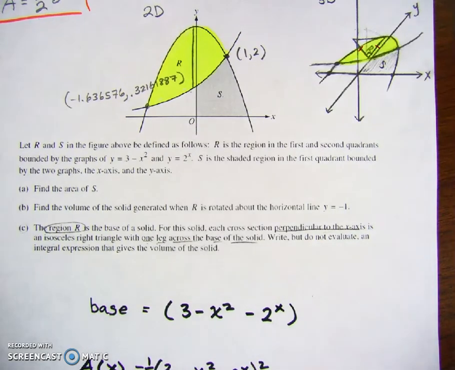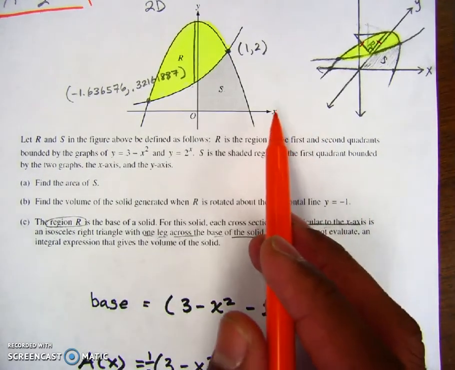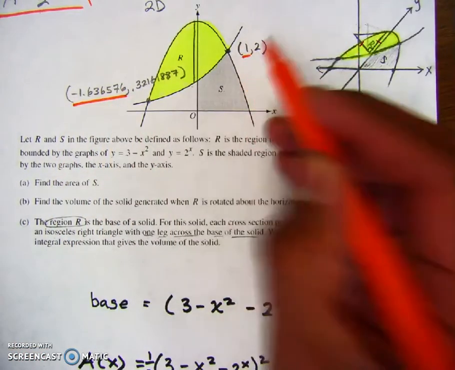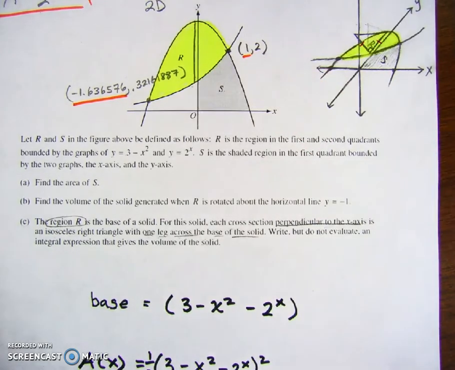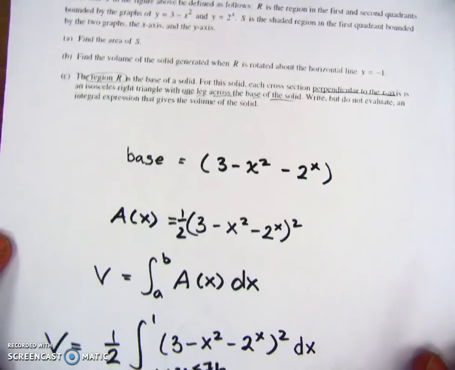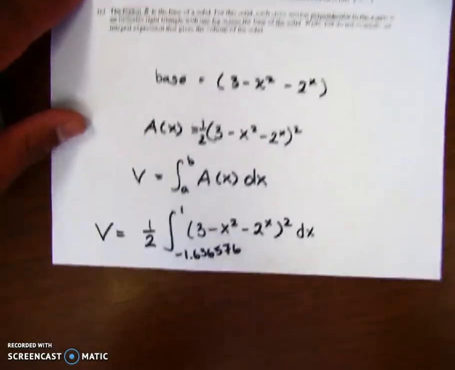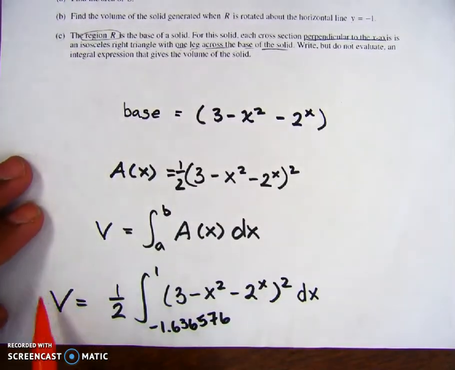Since we are integrating with respect to x, we are looking at the x values for our limits, so that negative 1.636576 and that positive 1. So your answer should look something like this.